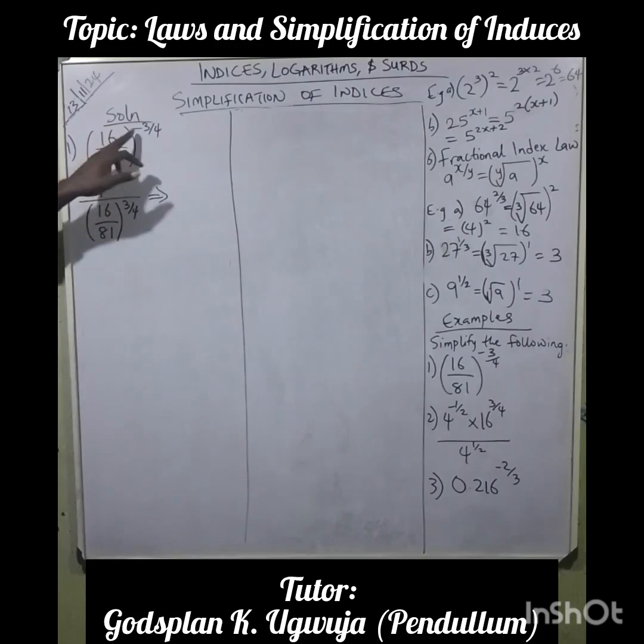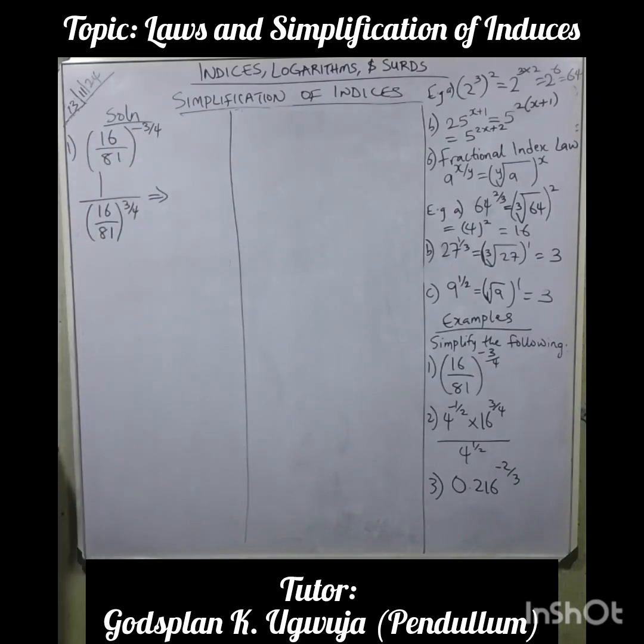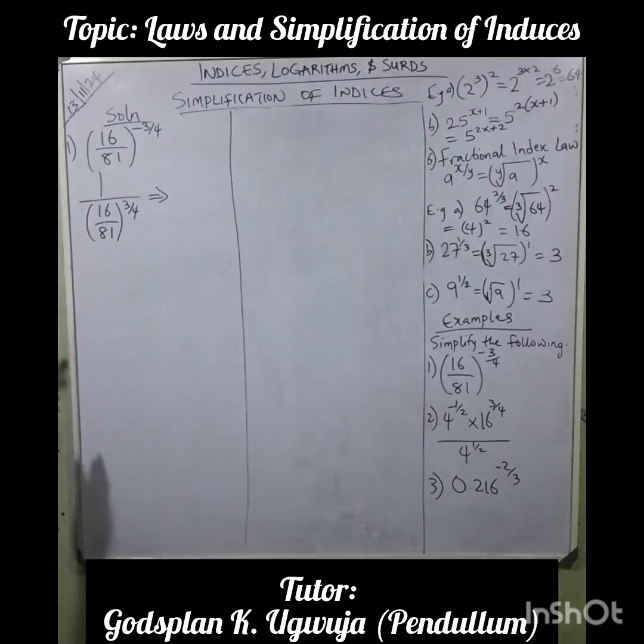Okay, so that's the first thing. We have cleared this negative index. Now this is the fractional index law, 3 over 4. And we said fractional index means you take the denominator root of your base. 16 over 81 is our base. You take the denominator root of our base and then put everything to the power of the numerator.